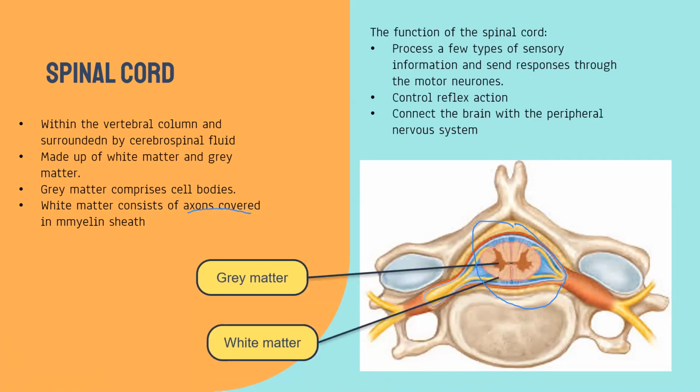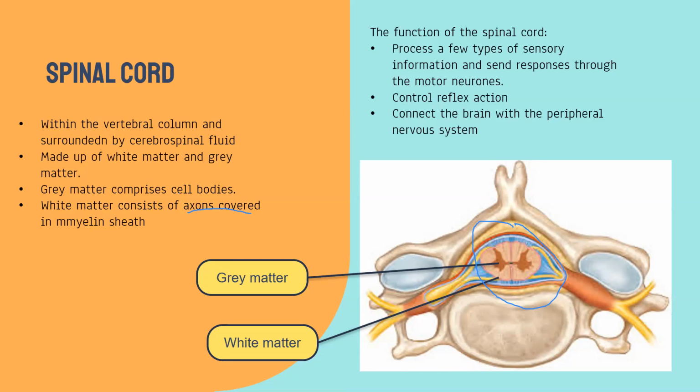So what is the function of the spinal cord? The function of the spinal cord is to process a few types of sensory information and then send the response through the motor neuron. Some of the information that your sensory receptor detects will be processed in the spinal cord and then transferred back to your organ, for example your hand, to respond, which is through the motor neuron.